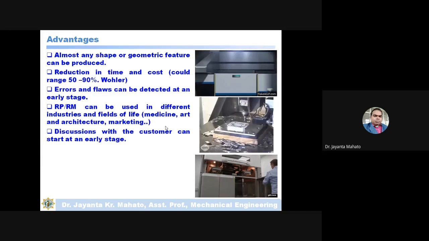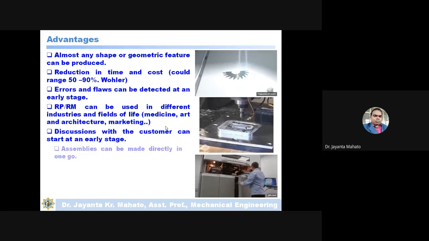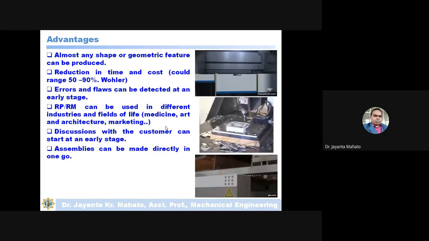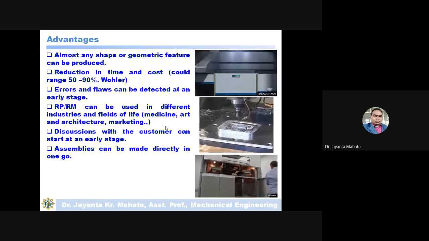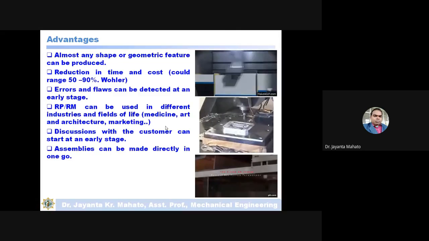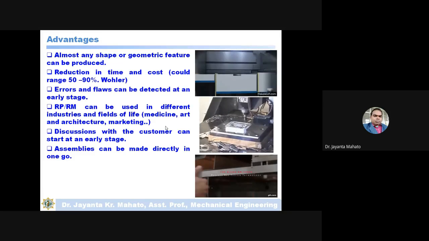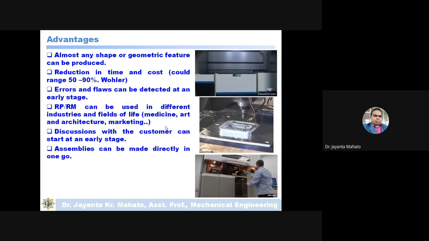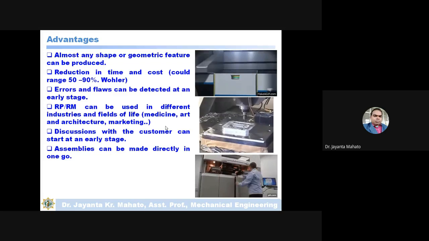Discussion with the customer can start at an early stage. Assembly can be made directly in one go. Means a very dimensionally accurate product can be manufactured by this manufacturing process, and after manufacturing, direct assembly of the manufactured parts can be done.